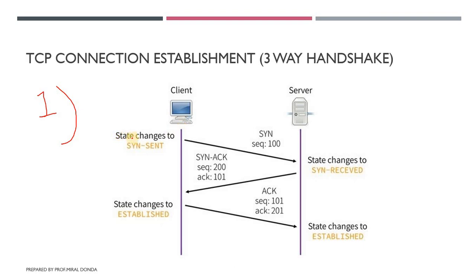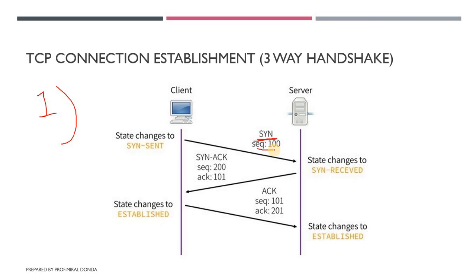Now, when the client sends a synchronization, this is one message from the client saying this is a sync and this is a sequence number. We all know that with the help of the sequence number we can identify the packets, which is the first message and which is the second message. So that is why the client sent the sequence number with the message.